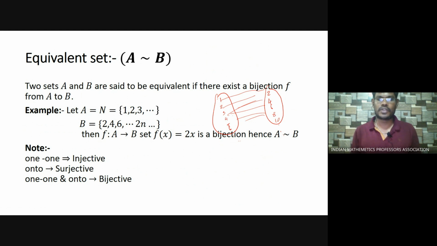So we need to know that one-to-one and injective are the same, and onto and surjective are the same.